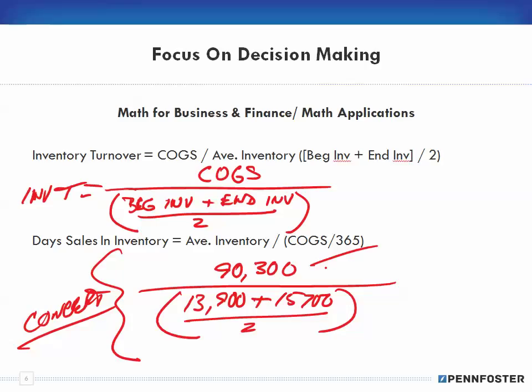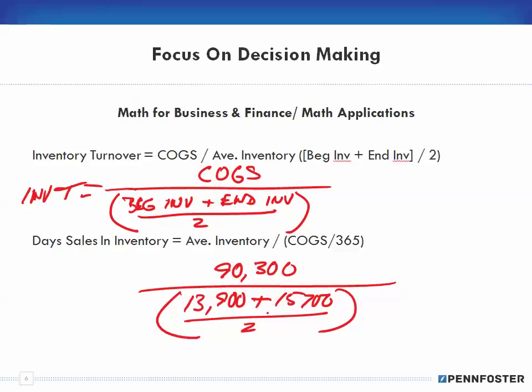You should know whether that's a given or what you have to do to calculate that amount. If you come across 13,900 and they're just telling you that that's the beginning inventory, you don't need to know how that's arrived at, because it's a given amount. So enough beating the dead horse about this given amount.